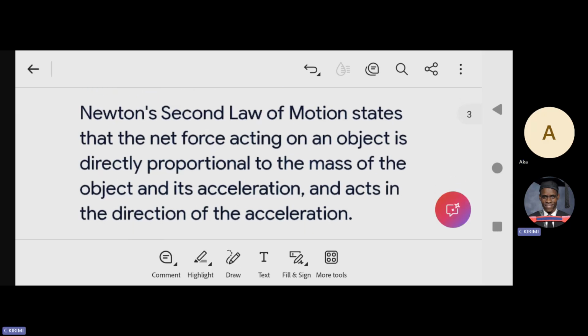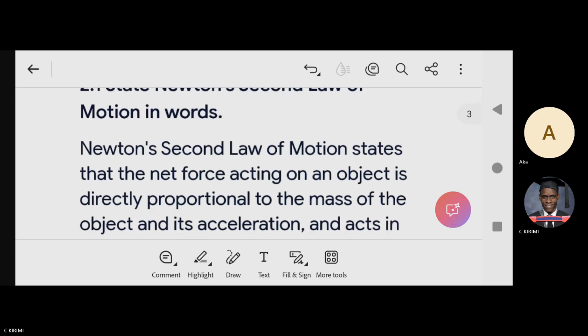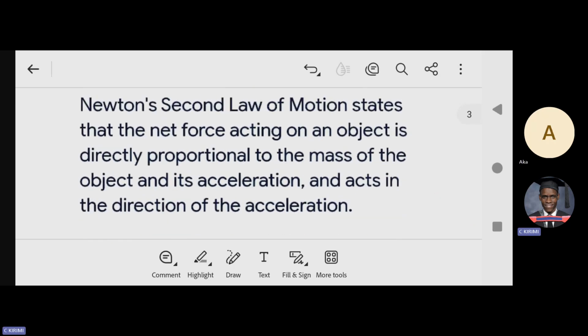Newton's second law of motion states that the net force acting on an object causes the object to accelerate in the direction of the net force. F net is directly proportional to the mass of the object and its acceleration.